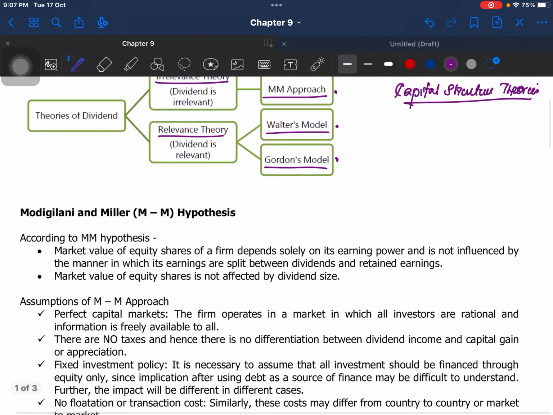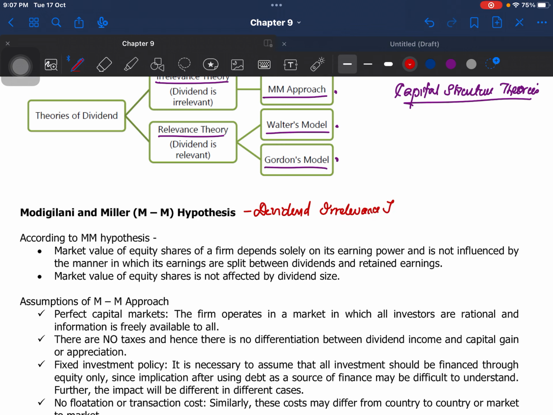Now let us learn about the first theory under dividend theories, which is known as the Modigliani and Miller hypothesis, or MM theory. This theory is also known as the dividend irrelevance theory.